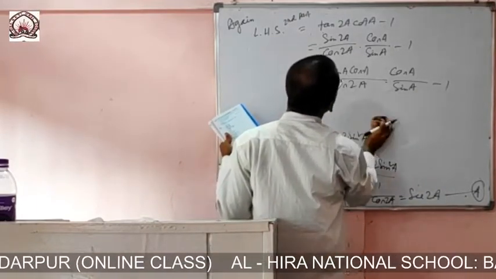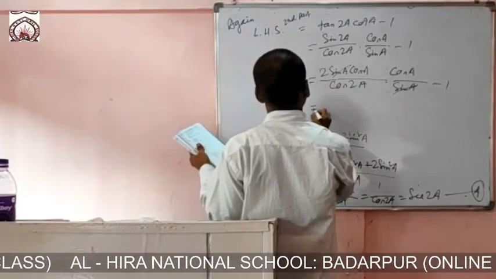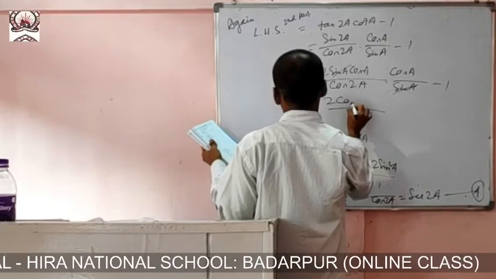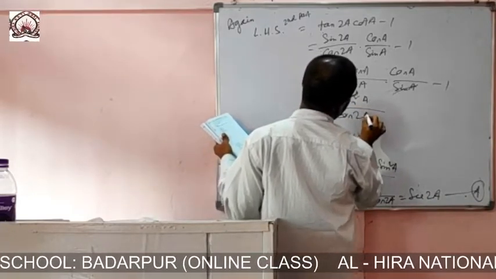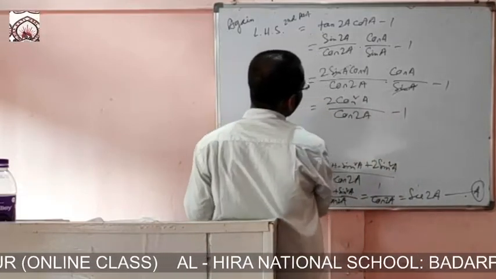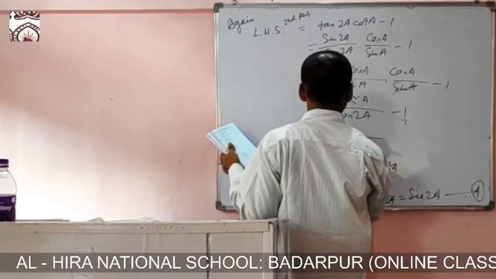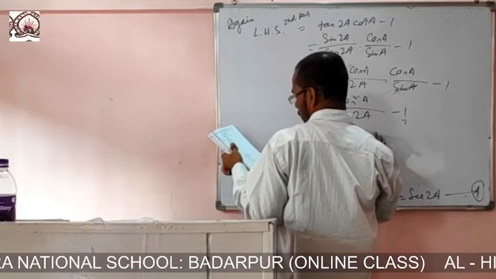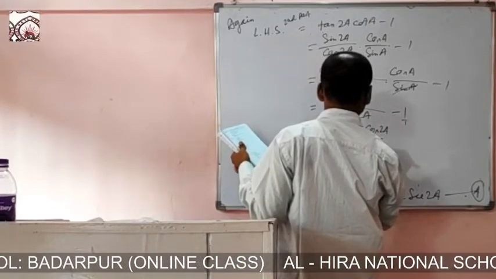So here sin a cancels, and above is twice cos square a by cos 2a minus 1. So twice cos square a, if we take LCM, then it will be twice cos square a minus cos 2a by cos 2a.